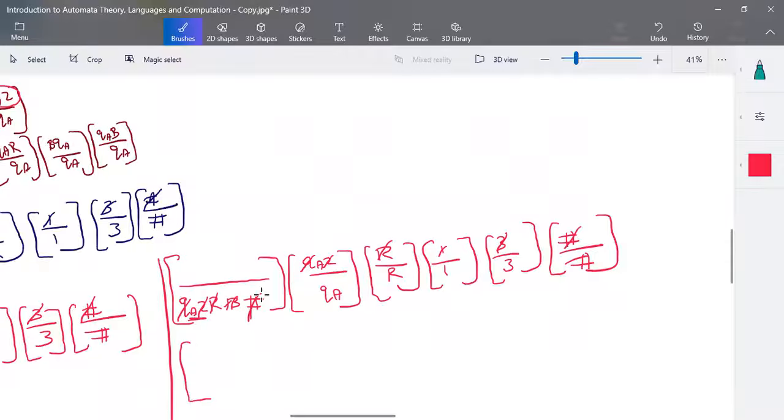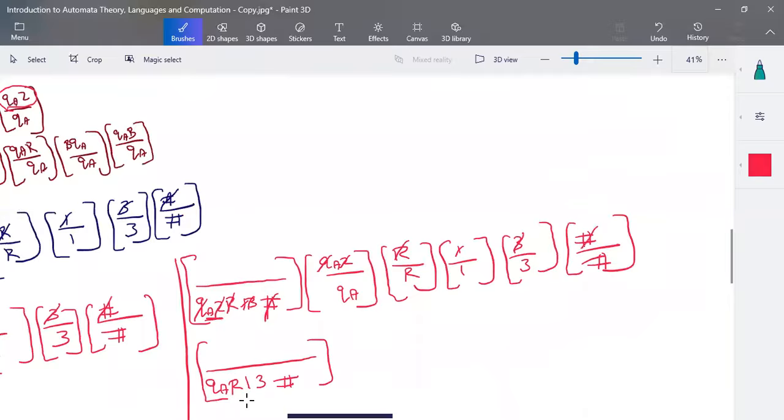So the next step is all your numerators are cancelled. In the denominator, we have the newly formed domino as QAR13#. Okay, so now you have QAR. For QAR, you have to use this domino, QAR. So in the numerator, we want to use a domino with QAR, so I'm just taking that domino.